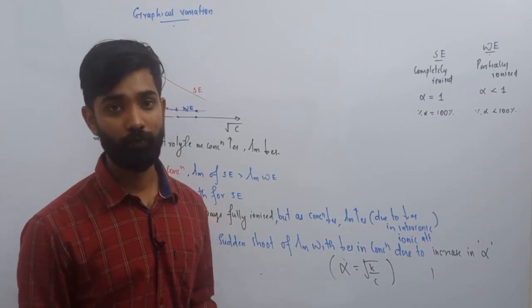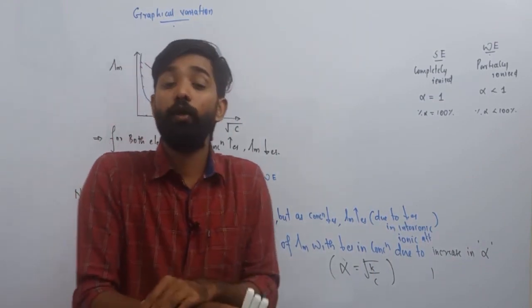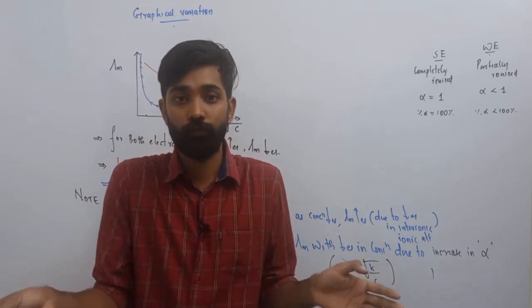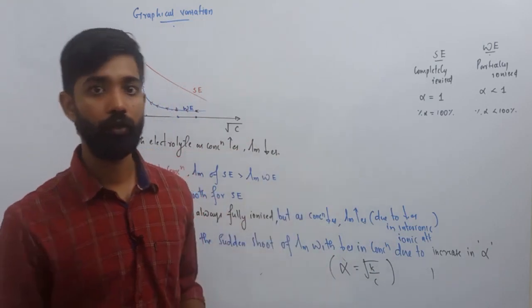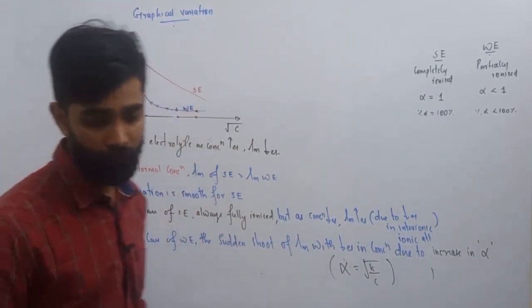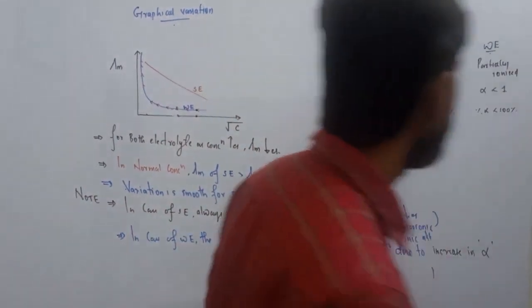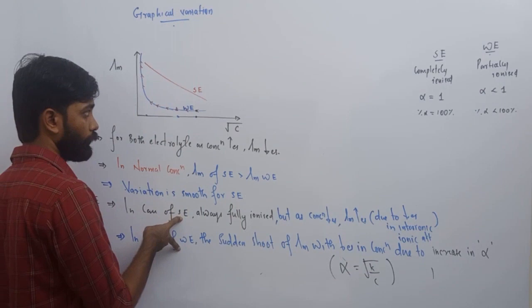We obtain the maximum alpha, meaning the whole electrolyte gets ionized. So automatically the conductivity increases to a higher extent. That's why the graph is like this. Okay, is it clear? Fine. So this is the most important point.